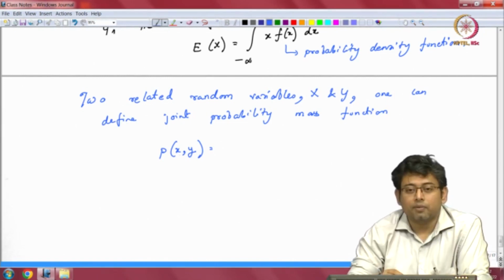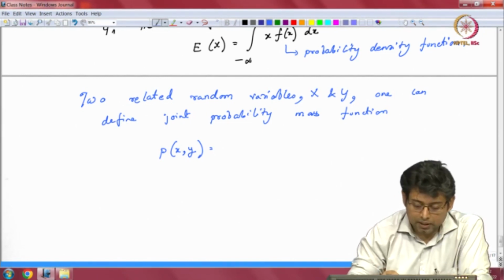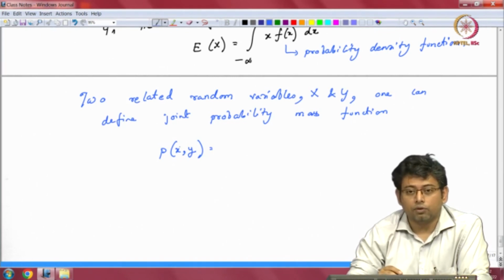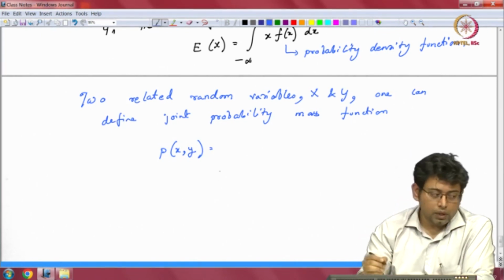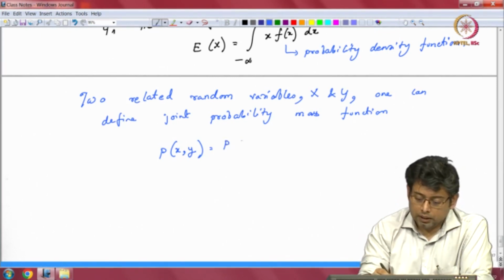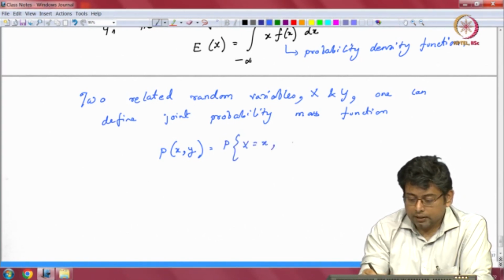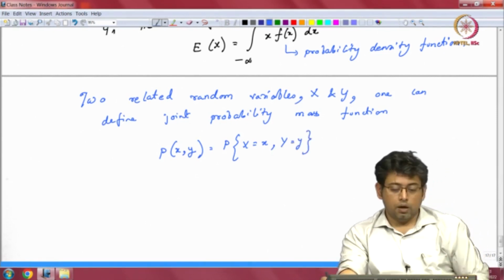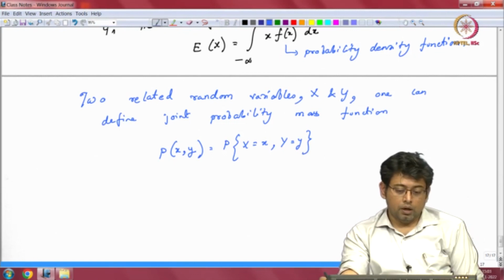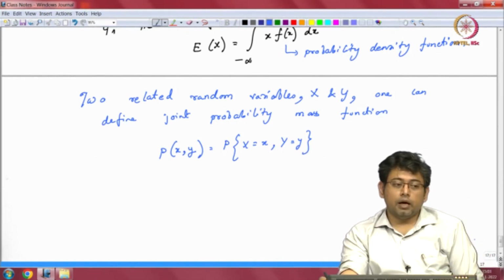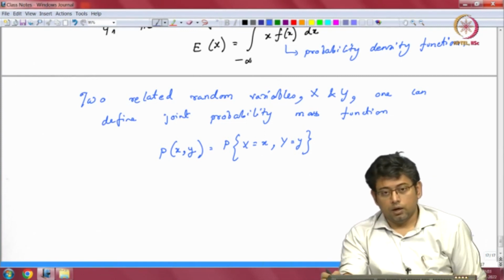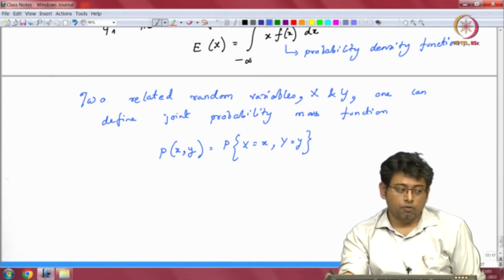So, when I am writing small x, it basically means that the capital X takes a value of small x. So, this is equal to the probability that X takes the value small x and capital Y takes the value small y. So, this is my joint probability mass function.